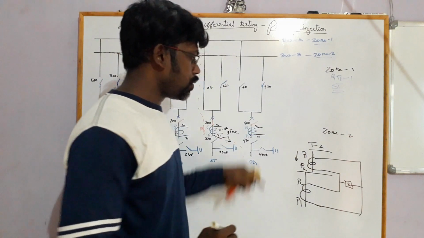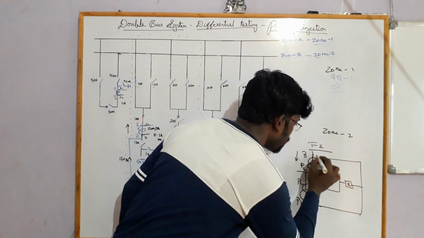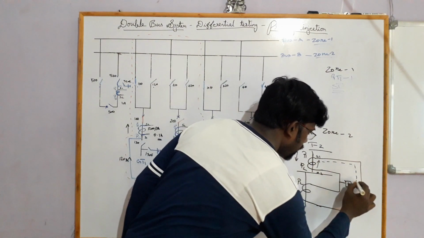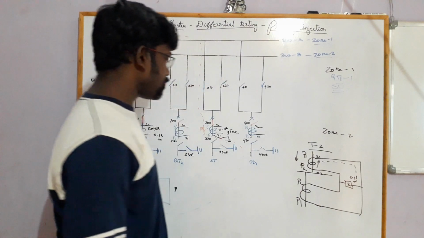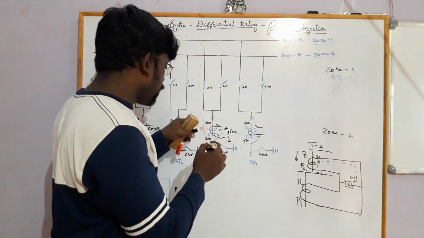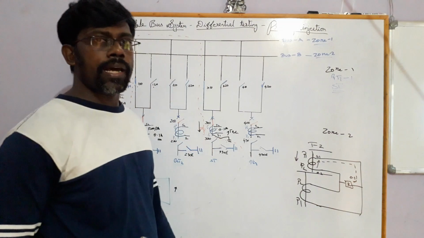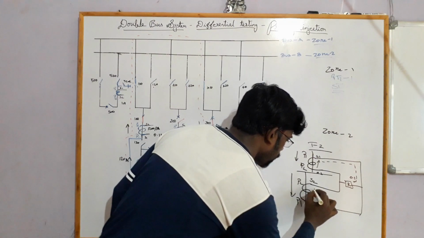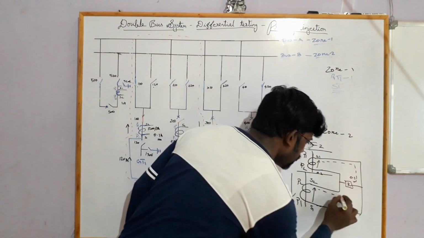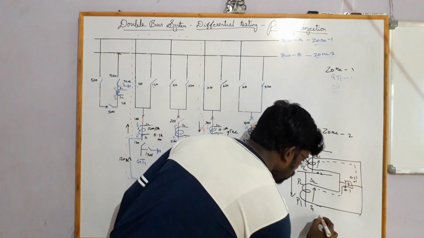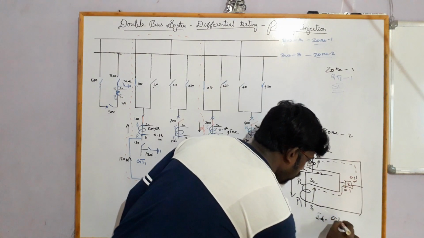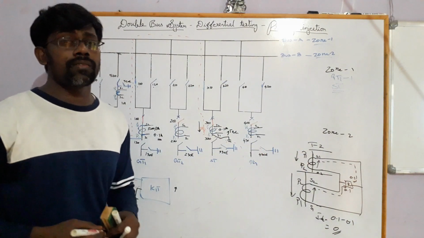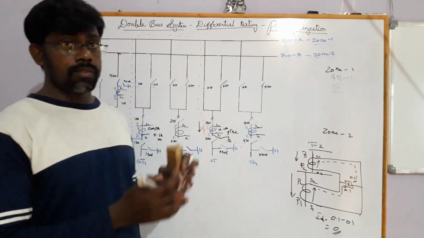Our injection is from P1 to P2, so our secondary injection is from S2 to S1, and the current will flow here, 0.1 amps. When you see here, the current flows from P2 to P1, so it flows from S1 to S2, and it is 0.1. So the differential is 0.1 minus 0.1, which is 0 differential. The current will be stabilized here. This is the condition for stabilizing.